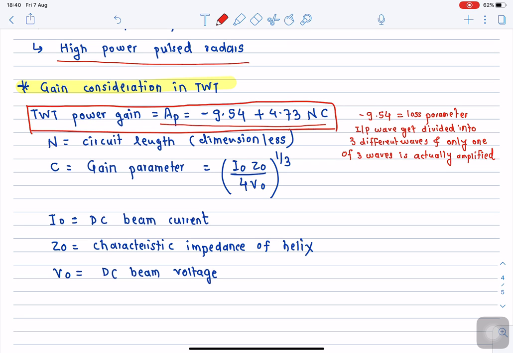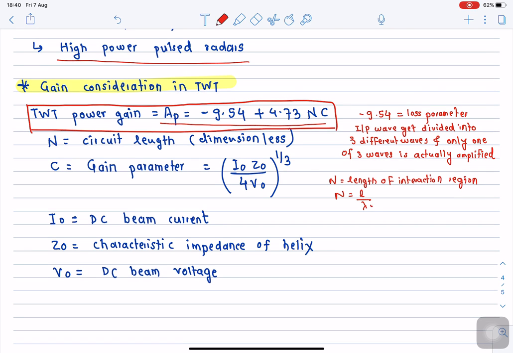Capital N over here is the circuit length. Okay, so N is the length of the interaction region. So we can also call it the circuit length or length of the interaction region. And N is given by the distance L divided by lambda_e, where L is nothing but the actual physical length of the slow wave structure.